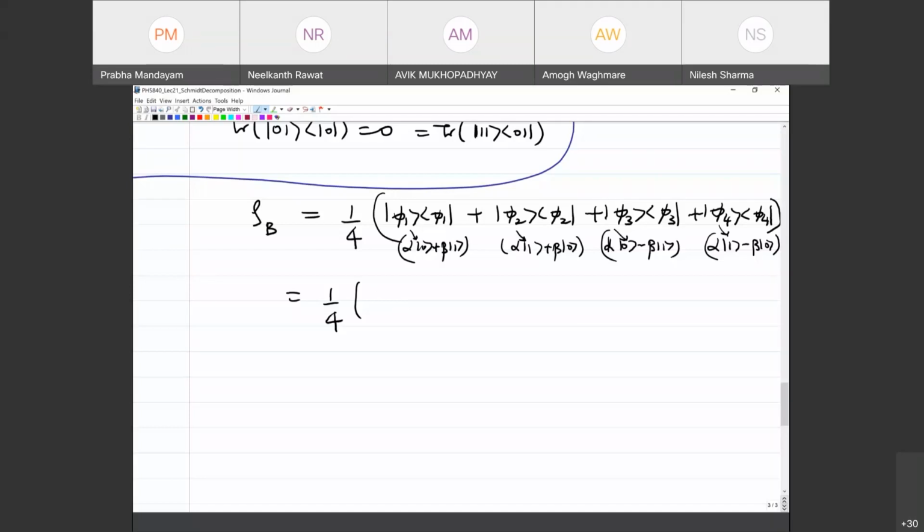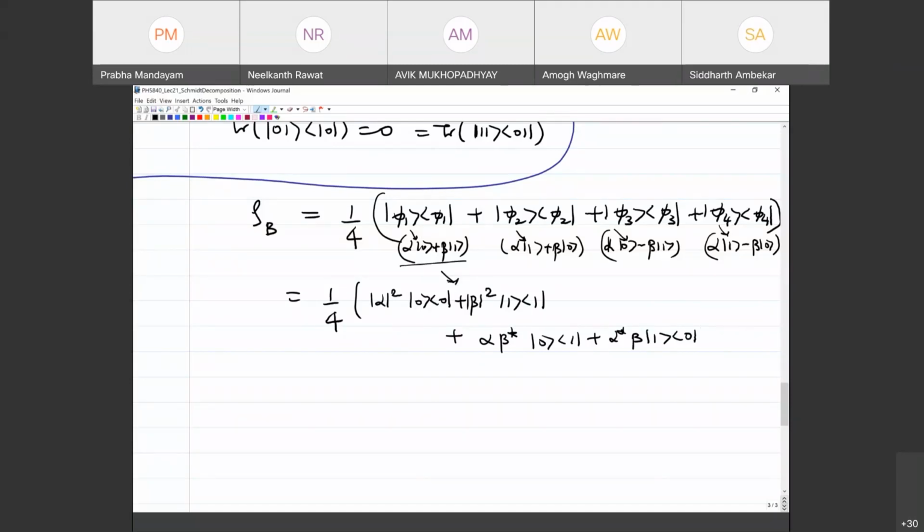So the first outer product, for example, will give me |α|²|0⟩⟨0| + |β|²|1⟩⟨1| plus αβ*|0⟩⟨1| plus α*β|1⟩⟨0|, right? That's the outer product of φ1 with φ1.